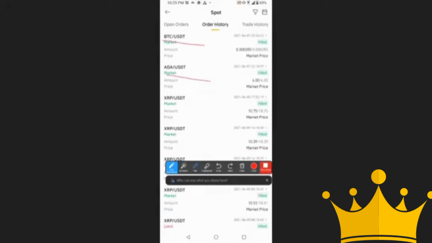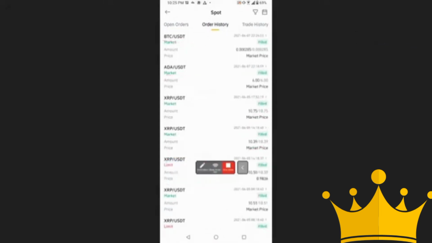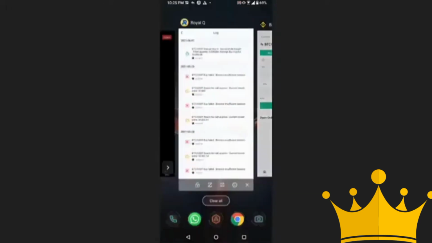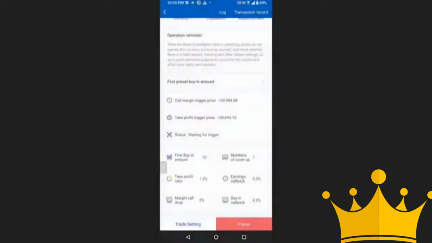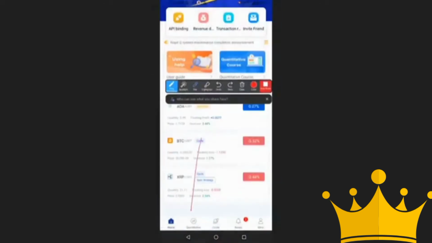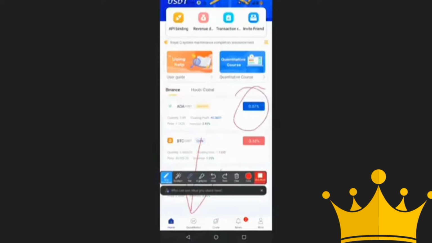Correct? So it's as simple as that, guys, to use the system. It's very simple. This is how to trade using quantitative trading, guys. You can see my ADA is already making some green.